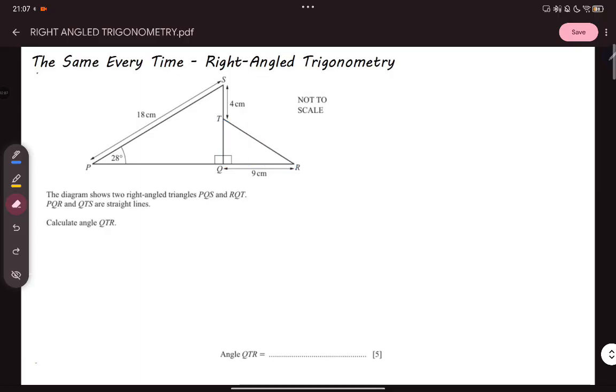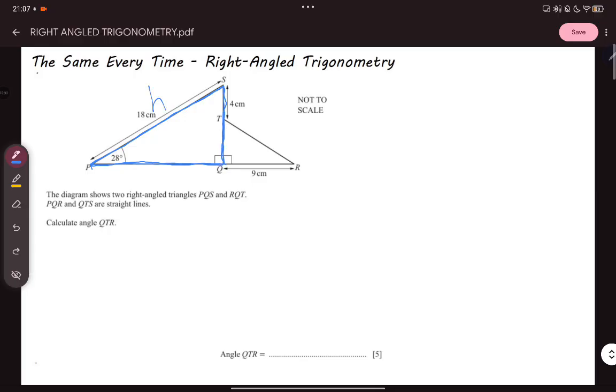Can I find the side from Q to T? Probably. Let's find out. Have a look at the other right angle triangle here, just here. And let's label the sides in this particular right angled triangle.